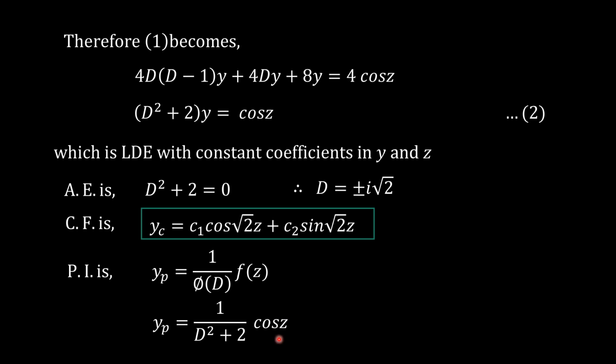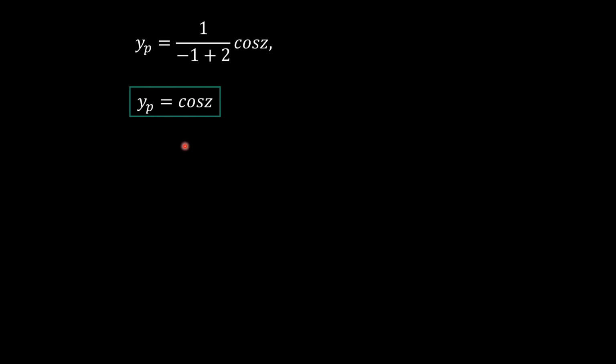In this case it is 1. So we replace D square by minus 1 square, equal to minus 1. Therefore yp equals 1 upon (minus 1 plus 2) cos z, that is yp equal to cos z, which is the required particular integral.